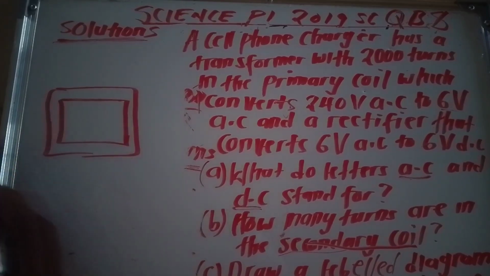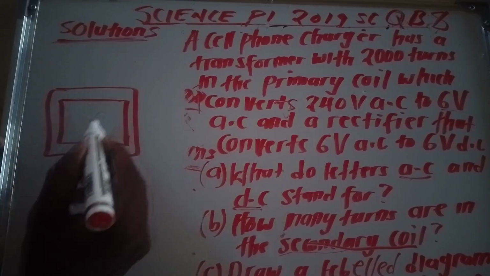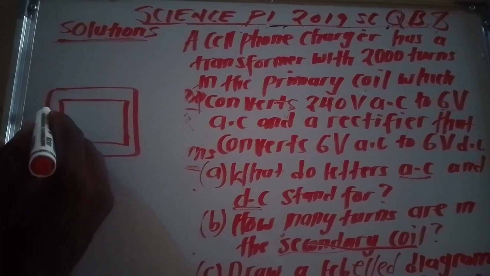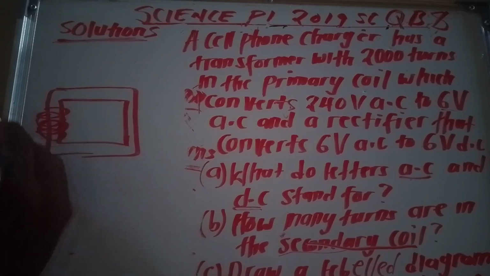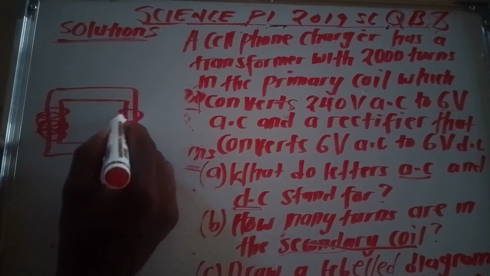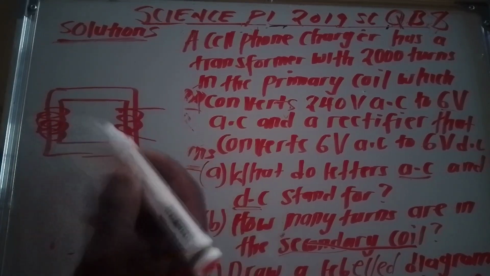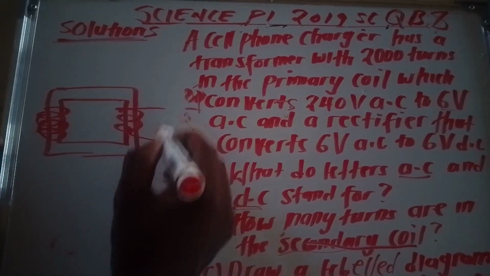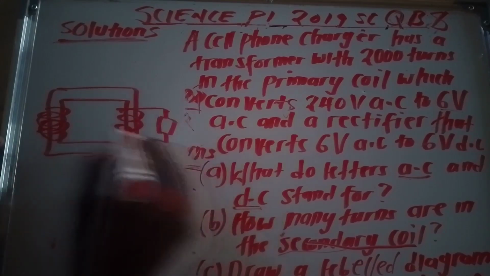Okay, so now after having done that, what you need to know is that a step down transformer always has many more turns in the primary coil as compared to the number of turns in the secondary coil. It actually has few turns in the secondary coil as compared to the primary coil.